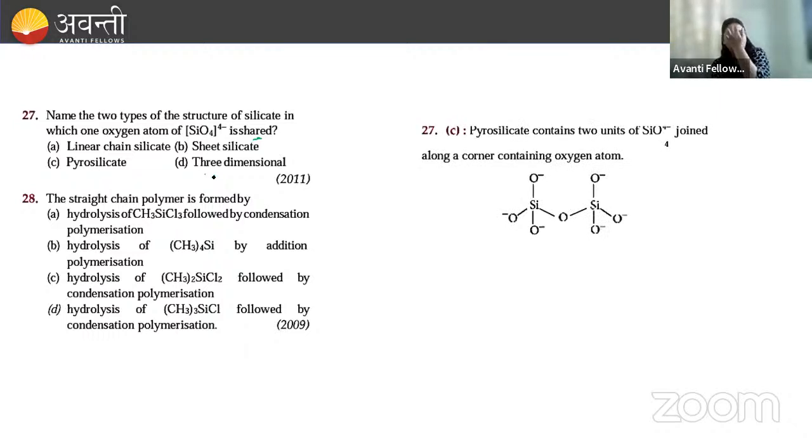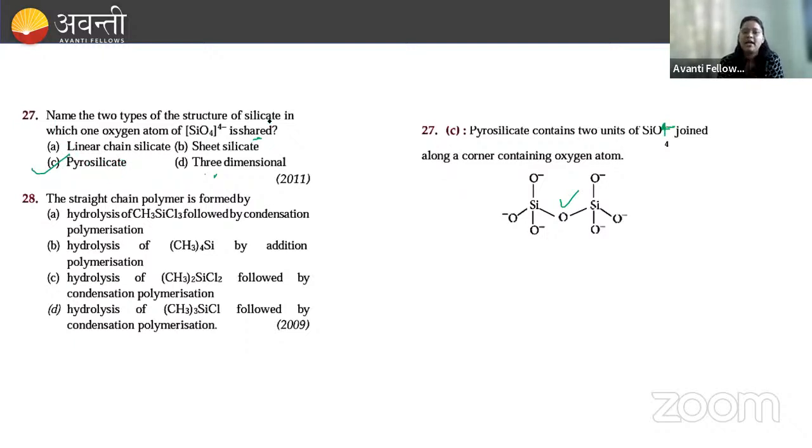Pyrosilicates contain 2 SiO4 4 minus units which are joined by an oxygen atom. So pyrosilicates is our answer.